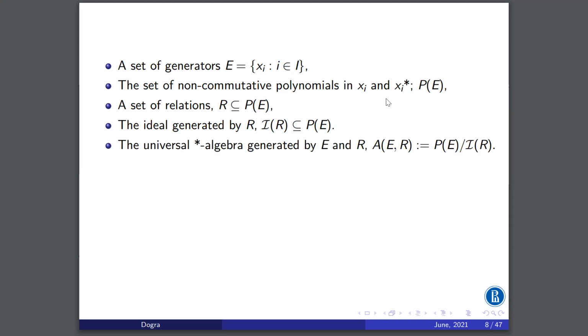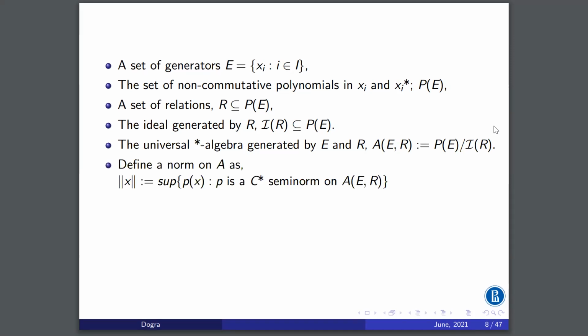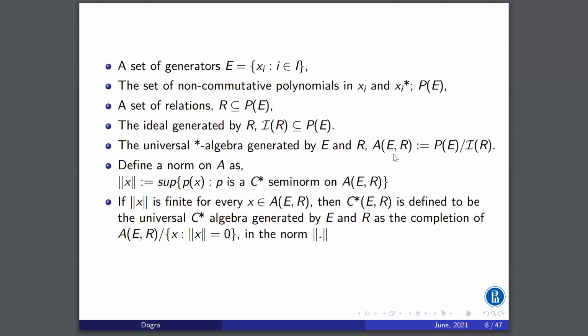And now we're ready to generate the universal star algebra. It is nothing but the quotient of this space P_E by the ideal generated by R. And now we need a norm on the star algebra. We also denote the star algebra as A. And this norm is nothing but the supremum norm over all values of p(x), where p is a C-star seminorm.